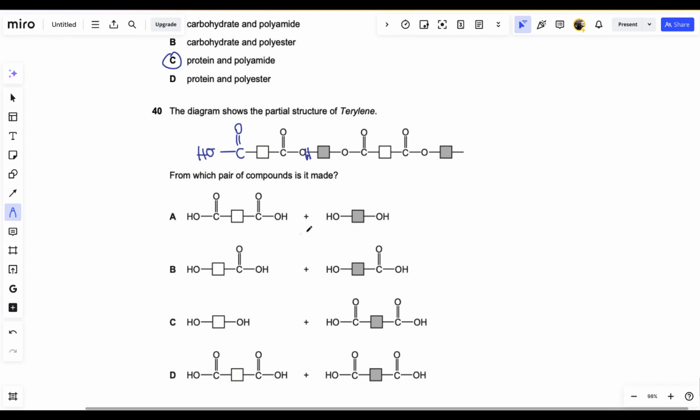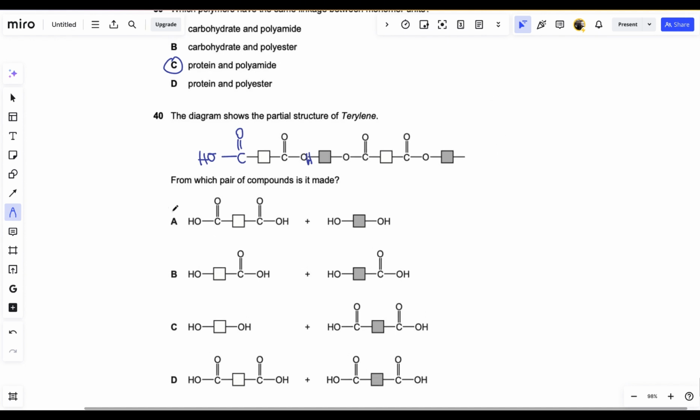So these are the monomers that formed it. I think this one is pretty easy. You can see this one is completely wrong, because there's no C. This one is from the shaded one to O straight. So there's nothing like this. So the answer is it.